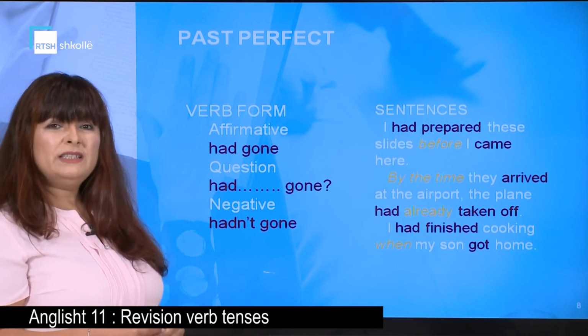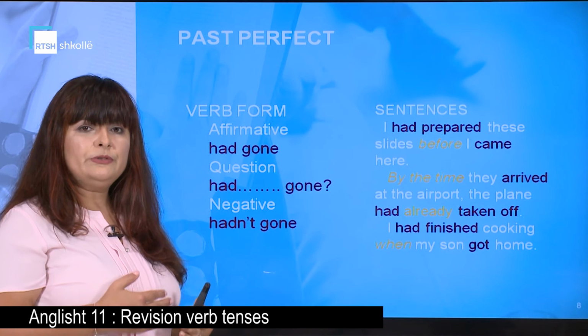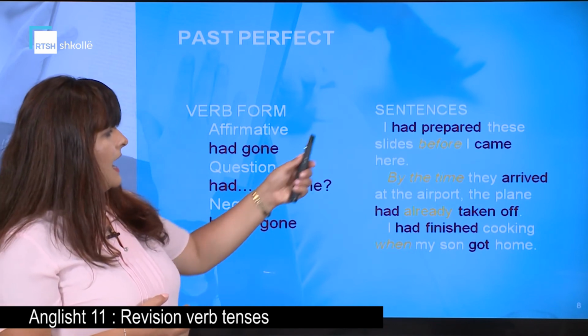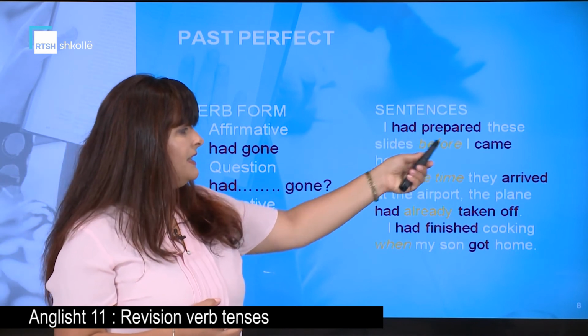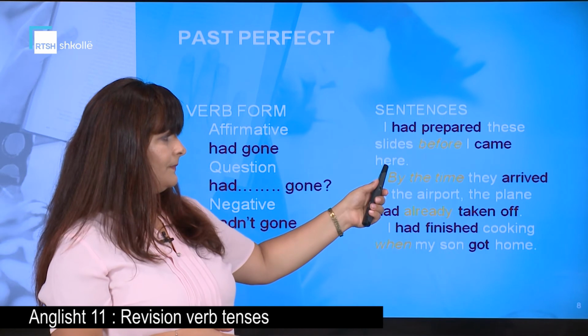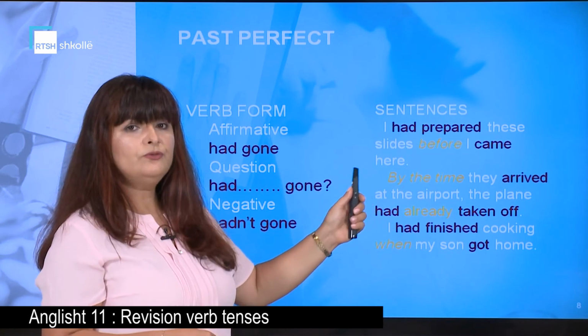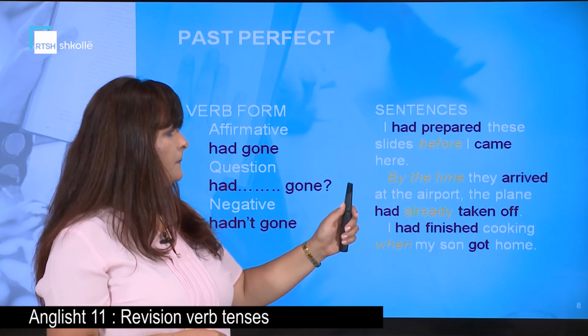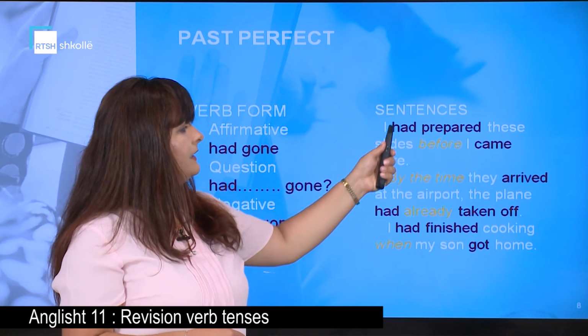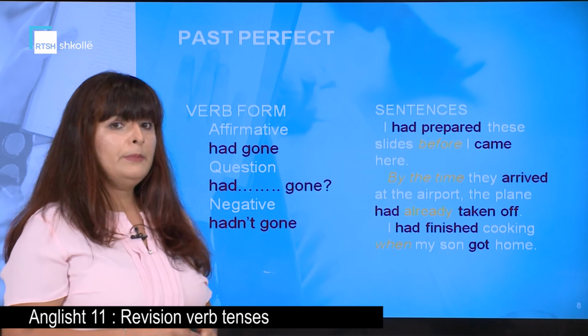Now, what is the use of past perfect? Let's see some sentences. I had prepared these slides before I came here. We have two verbs and two tenses. Came, past simple, and had prepared, past perfect.